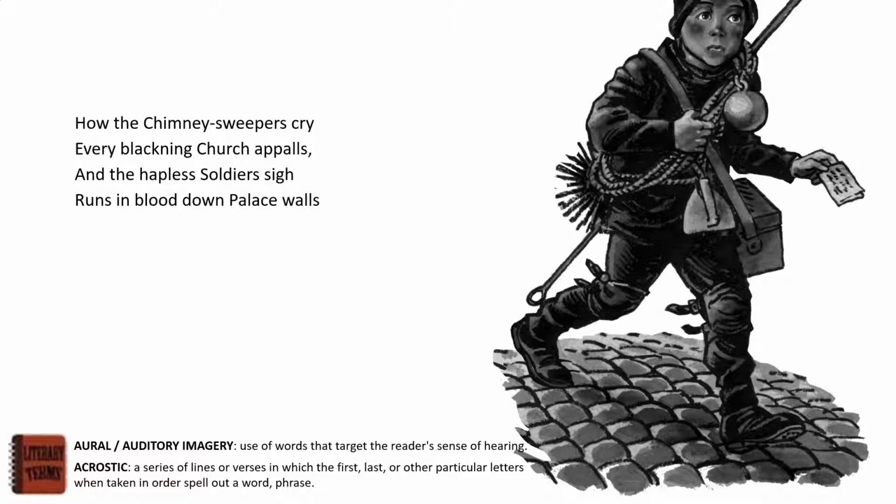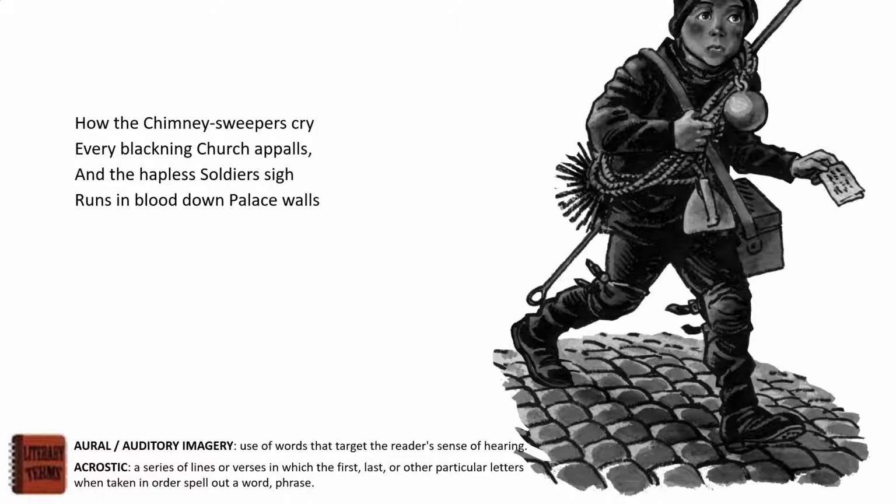How the chimney sweepers cry, every blackening church appalls. What he's saying here is that the word appalls is linked to this idea of shame. He feels it's shame on those churches who should have been looking after those chimney sweepers, but instead the churches themselves are blackening.